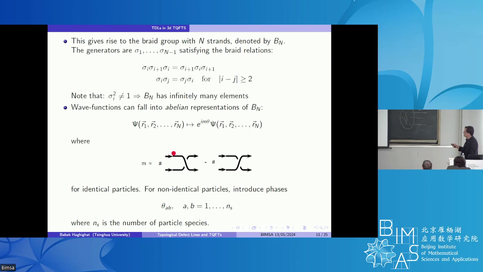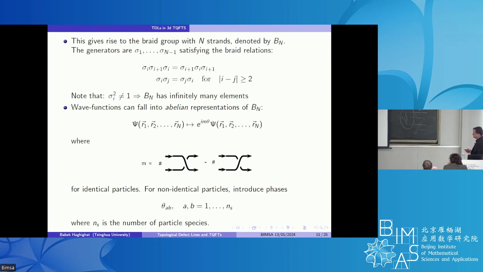So for example, if this is particle type A, this is B, then the change will depend on some phase theta AB, depending on the particular combination you take. So it depends on your model, and that's what we have here. This is what happens to these wave functions when you exchange these particles in these 2+1 dimensional theories as compared to 3+1 dimensional theories.